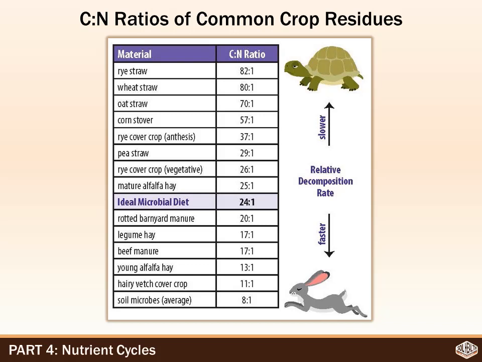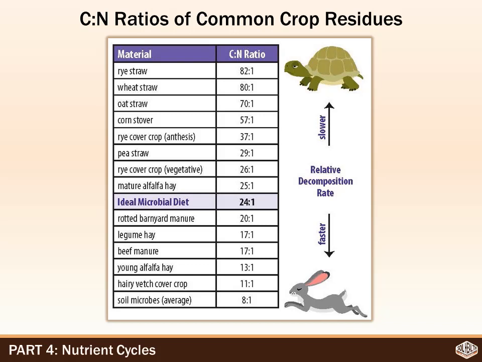Therefore, when a material of much higher carbon to nitrogen ratio is added, the microbes grab nitrogen from elsewhere in the soil system to be able to digest the carbon. Thus, residues with the higher carbon to nitrogen ratio, in this case, things like various types of straw, will be harder to digest and will need more supplementary nitrogen.